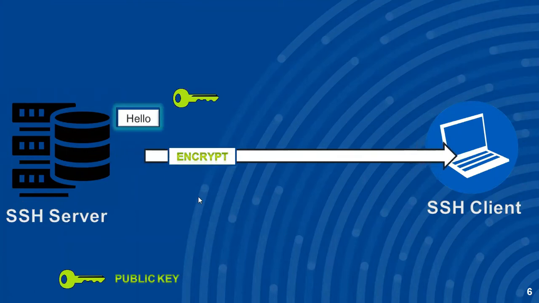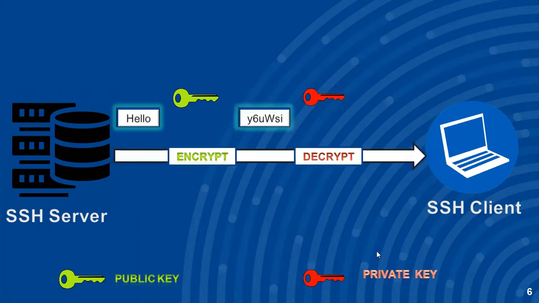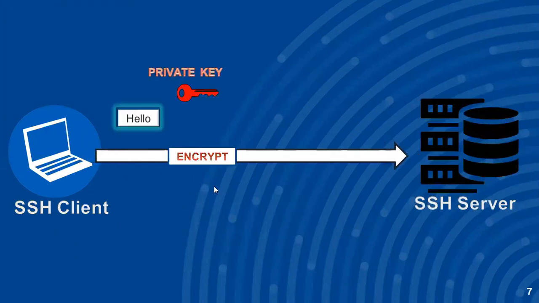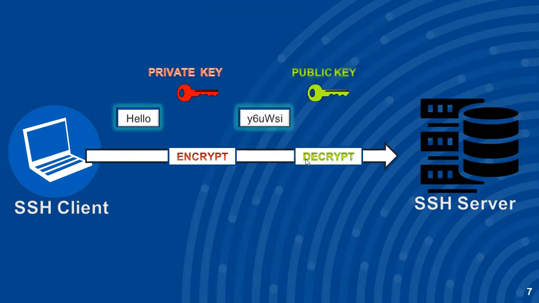If you encrypt a message using a person's public key, it can only be decrypted with their matching private key. The opposite is also the same. If you encrypt a message using a private key, it can only be decrypted with the matching public key. So that client and server can communicate through this tunnel.